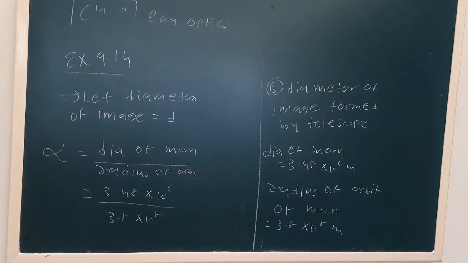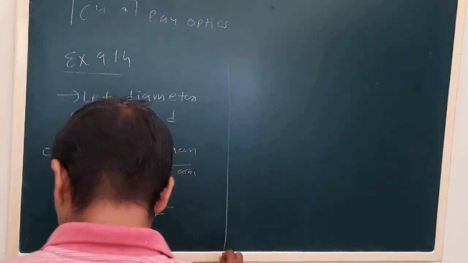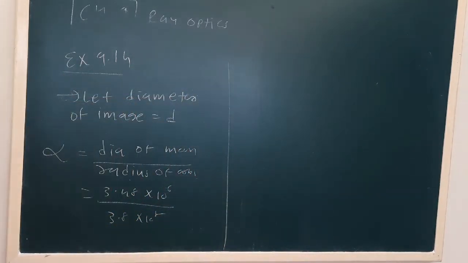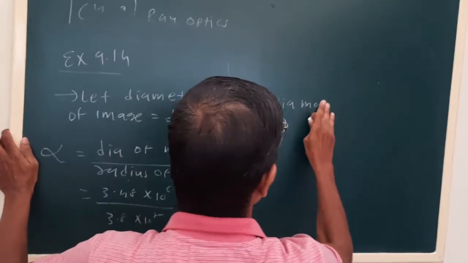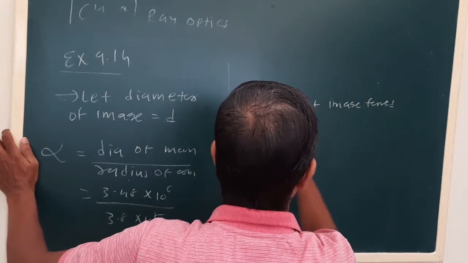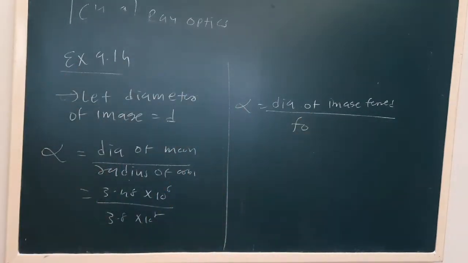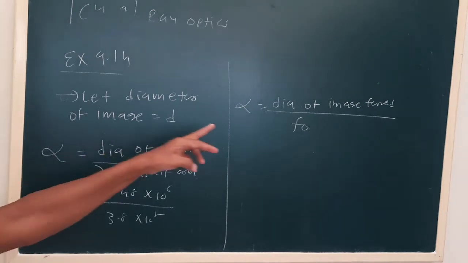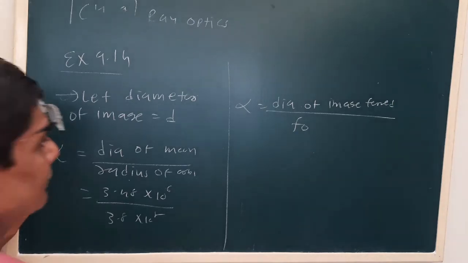Now this is the angle subtended by the image, that we can compare with the alpha, that is, the diameter upon FO. What is FO? It is our focal length of the objective. Now both represent the alpha, so we can compare 1 and 2.